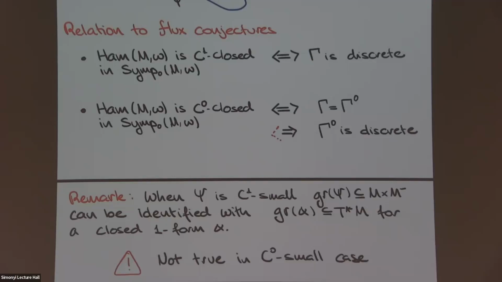But if you're C0 small, you're still going to be in some Weinstein neighborhood, but you're not necessarily graphical. So for that reason, we can't establish an equivalence here. So discreteness here would provide strong indication for the C0 flux conjecture.